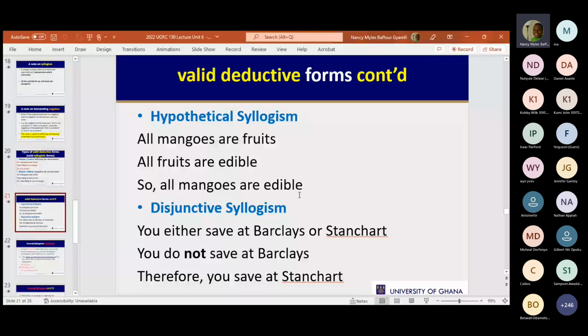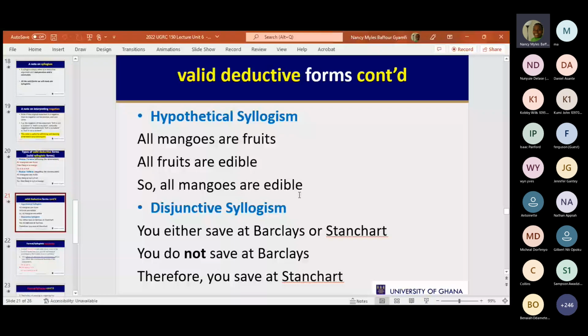That's what I've represented. Then all B's are themselves C's. Now this triangle is itself inside a big square. Wouldn't it then mean that the circle is already in the big square? Yes. So all A's are B's and all B's are C's, then it means all A's are C's. Finito. That's hypothetical syllogism. Finished.